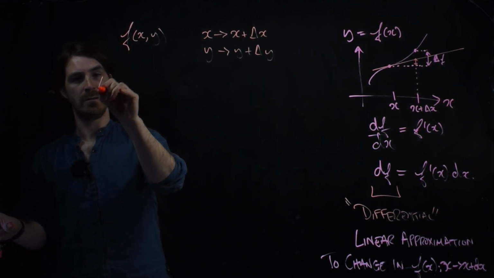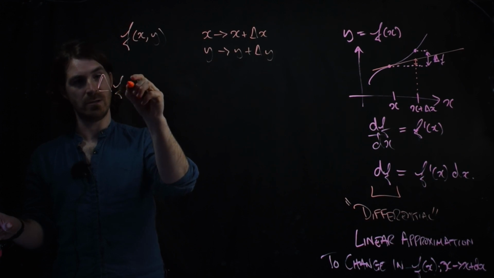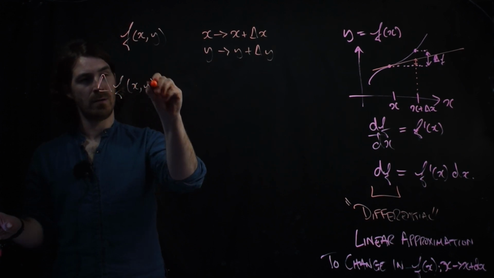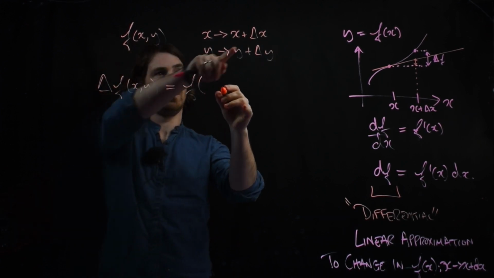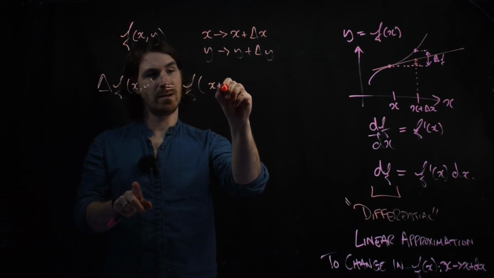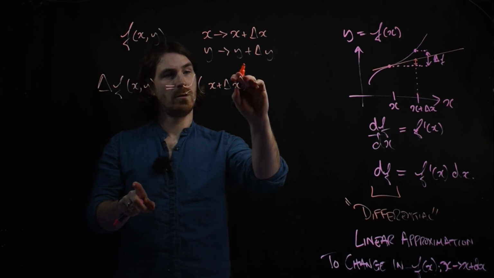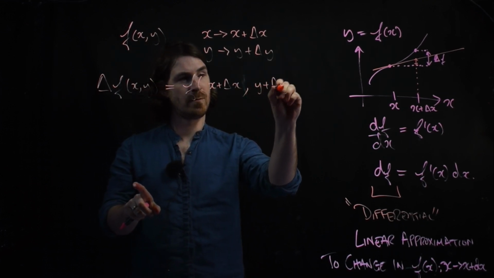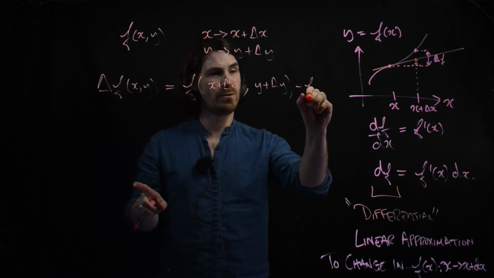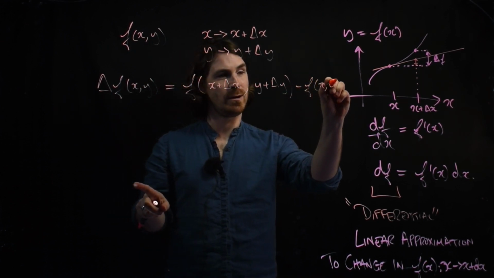So we're looking at delta f, the change in the function. It's the function evaluated at x plus delta x, comma, y plus delta y, minus the function evaluated at x, y.